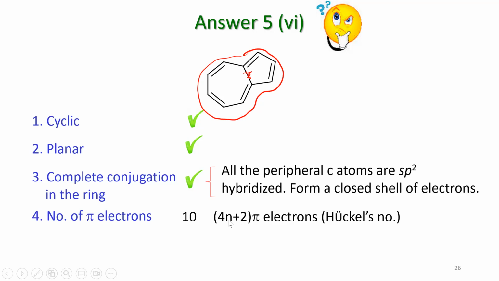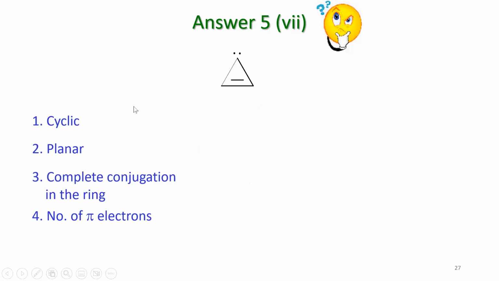So when n is equal to 2, 2 into 4 is 8, plus 2 is 10. So 10 is a Hückel number, a 4n plus 2 number, and it is aromatic. Okay, understood? Any questions?